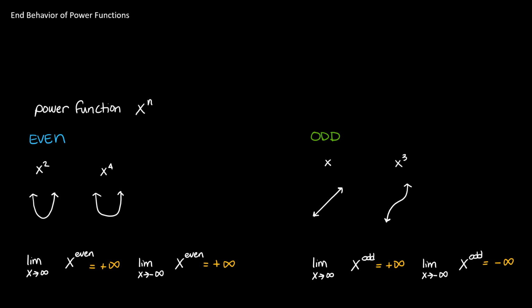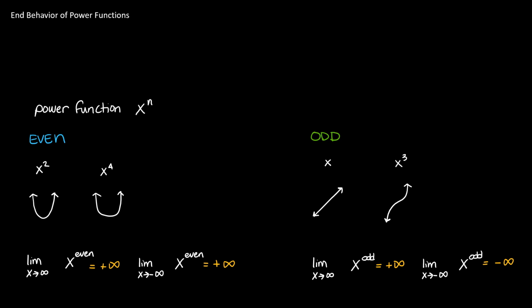odd power function. So if the exponent is even, then it's an even power function, and we can see that the general shape of the graph says that the end behavior of the function travels in the same direction. So for example, x squared, if you let x tend to positive infinity, those function outputs also tend to positive infinity.